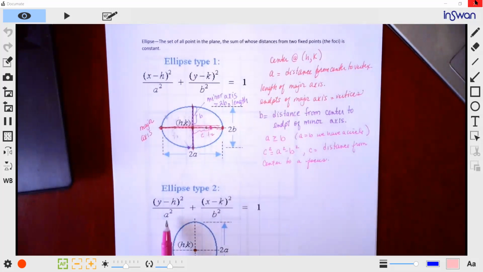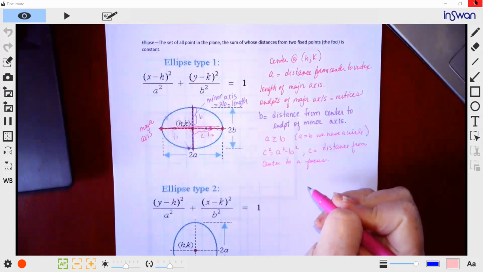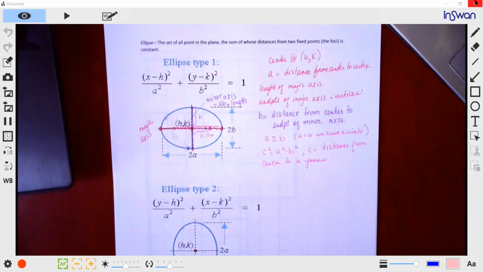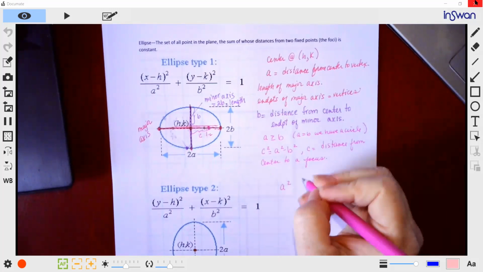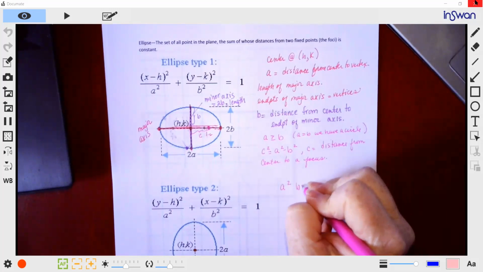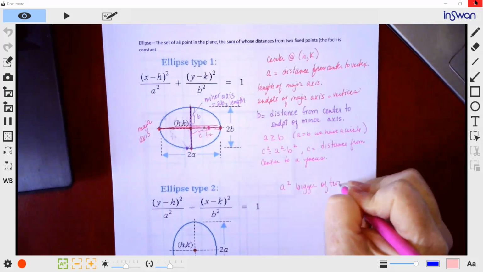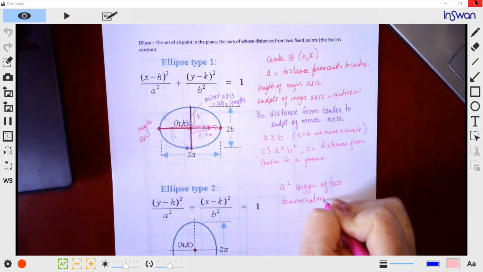It just depends on where the a squared is. Now, how do I know which one's a squared and b squared? a squared is always going to be the bigger of the two. Once again, if they were equal, we'd have a circle. So except in the circle version, a squared is always going to be the bigger of the two denominators, and that's when we put it in standard form.